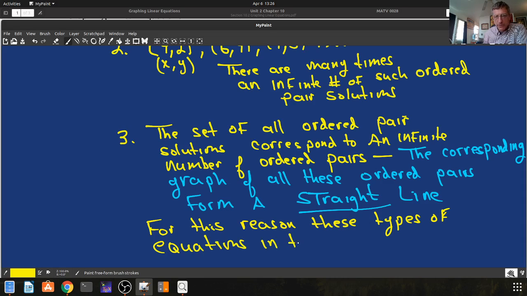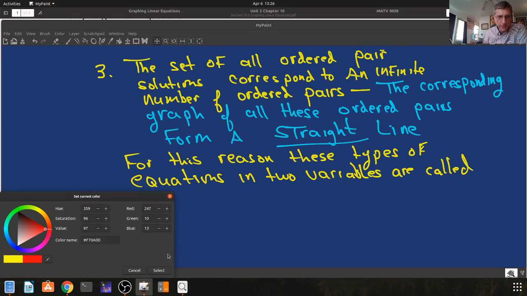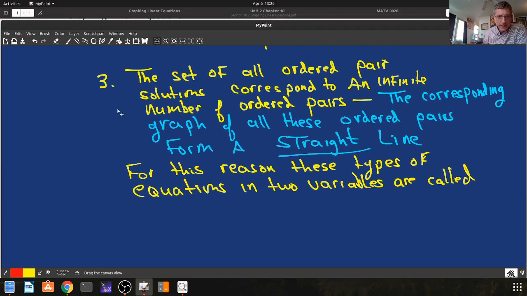in two variables are called, and it won't be a surprise at all to find out what they're called, they're called linear, see the word, the root of line, linear equations.